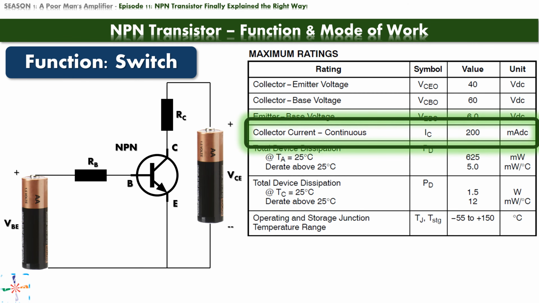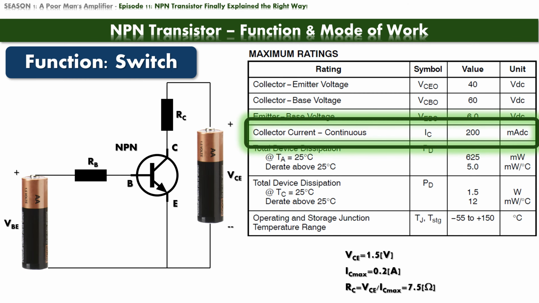Knowing the voltage of the power source, by using Ohm's law, we can easily calculate the value for the collector current limiting resistor RC. From the datasheet we can see that the maximum allowed collector current is 200 milliamperes. So, plugging in values for current and voltage, we get that the collector current limiting resistor is 7.5 ohms.